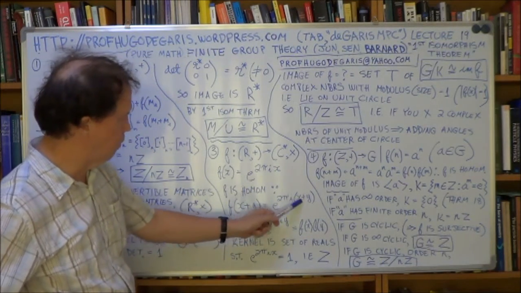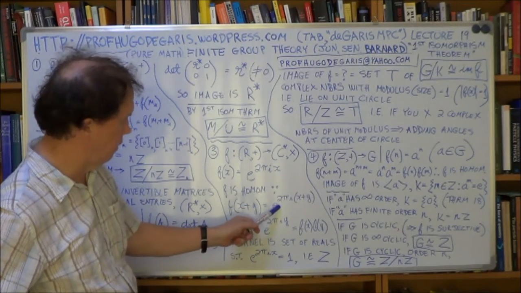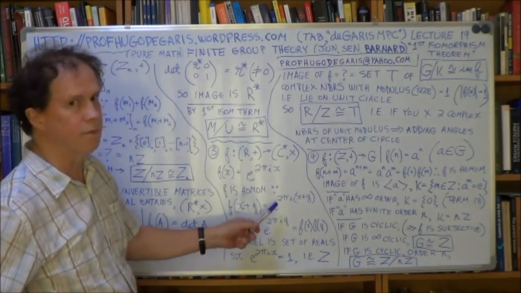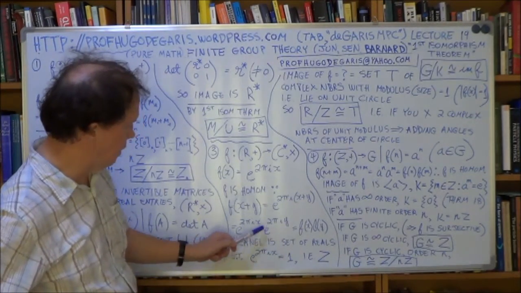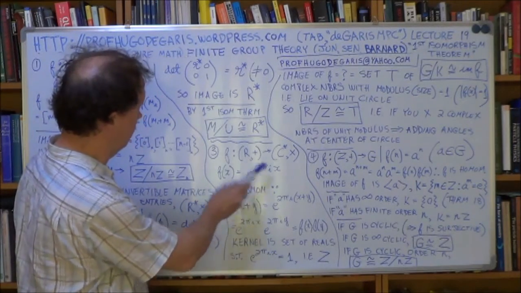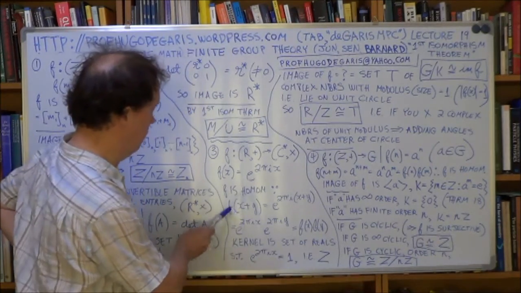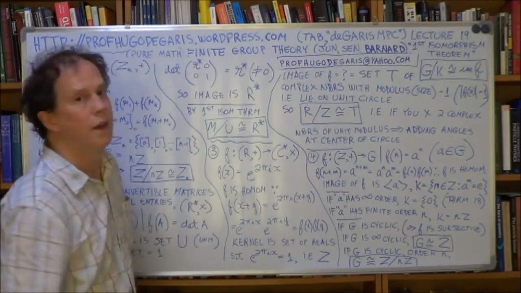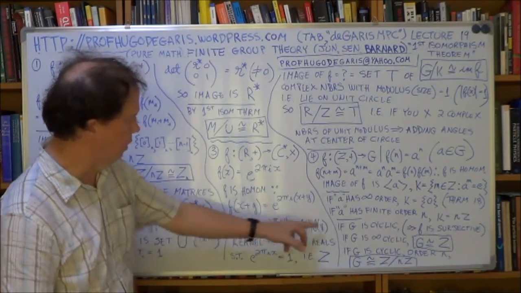Now you can split this up. These are just exponents of your exponential e, so you can split this up into 2 parts, like this. But e to the 2 pi i x from this definition is just f of x, and this is just f of y. So you've got this equals this, and therefore f is homomorphic, because that's the homomorphic form.